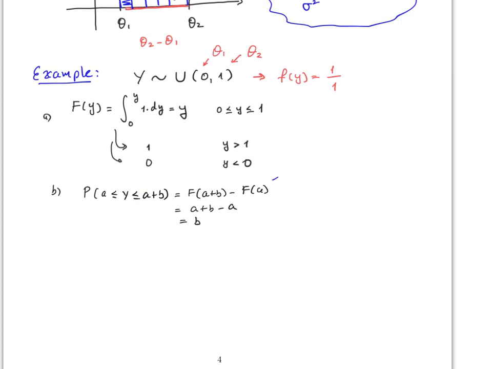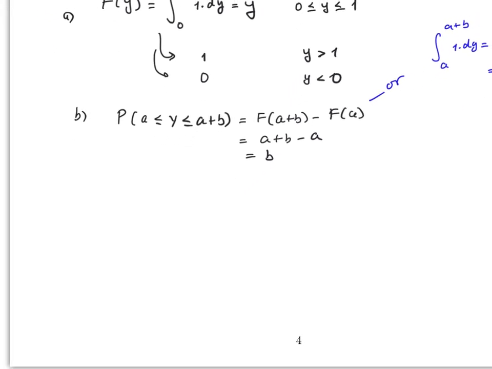Or you can do the integral from a to a plus b of 1 dy, which is technically just y from a to a plus b, and this will give you again just b. So either way. All right, let's do one more example.